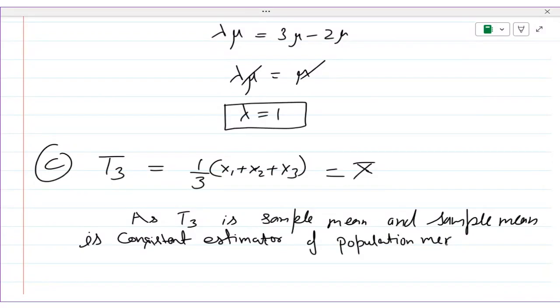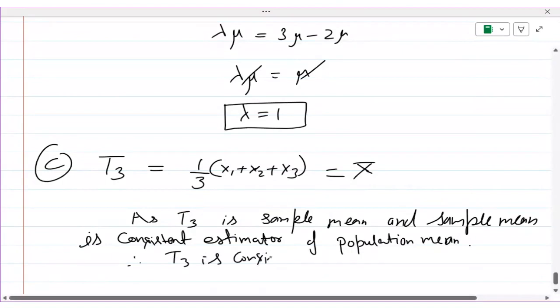Therefore, T3 is consistent. This answer you have to give. Okay. Now I will move to the next example.